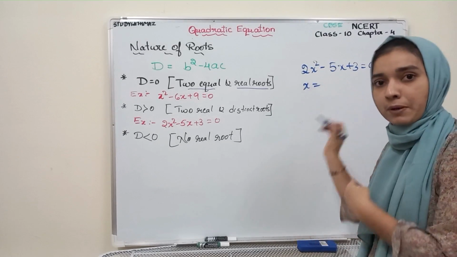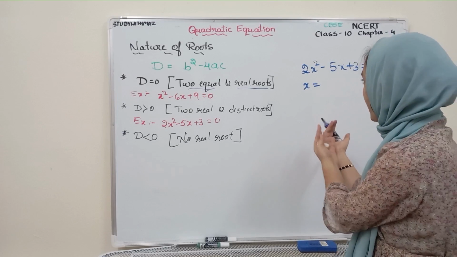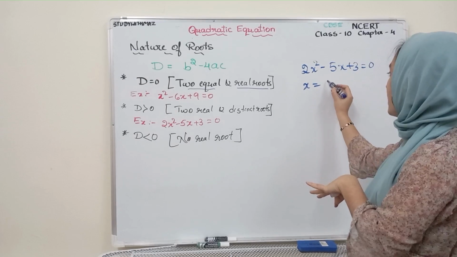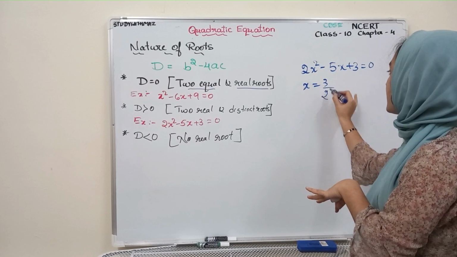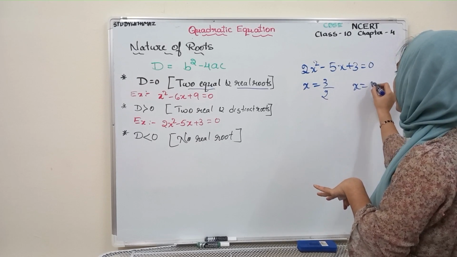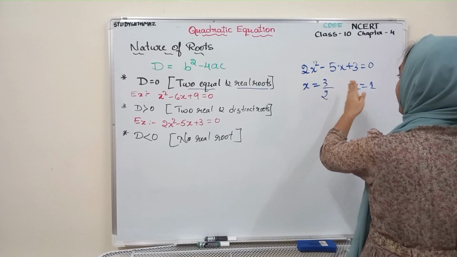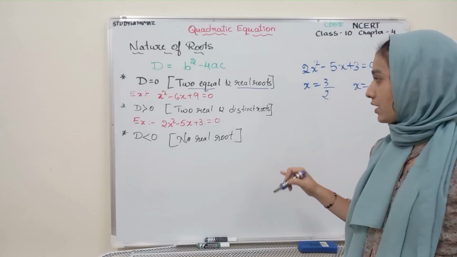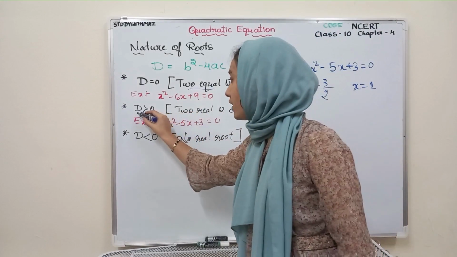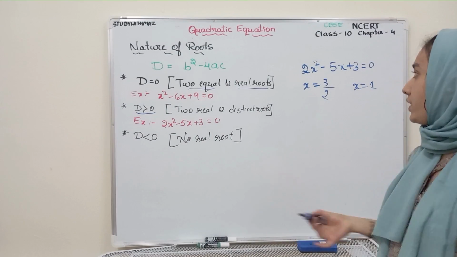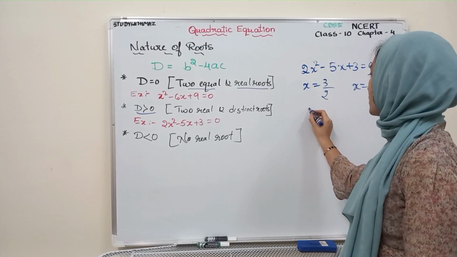Again, I will not simplify this. With prime factorization I have done this, and with the help of the formula also I have done this, and we got the values of x, that is 3 by 2 and x equal to 1. Here we know first only that x has 2 different and real values. Now we will check whether your D value is greater than 0, lesser than 0 or equal to 0. Let us see what is your discriminant.